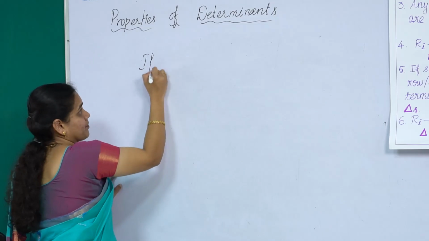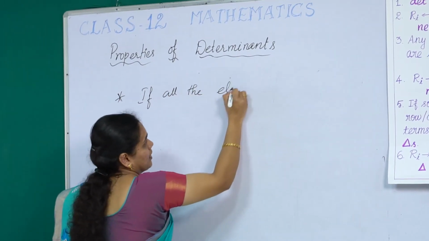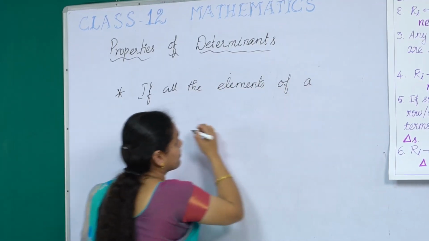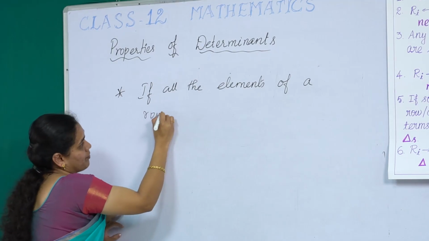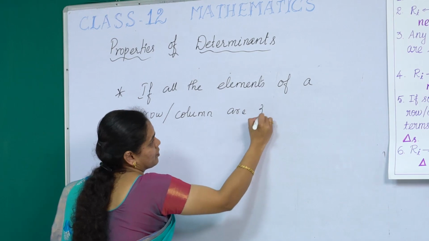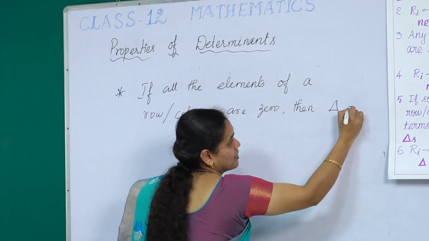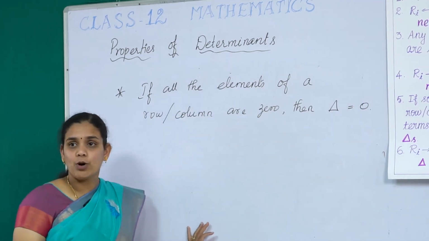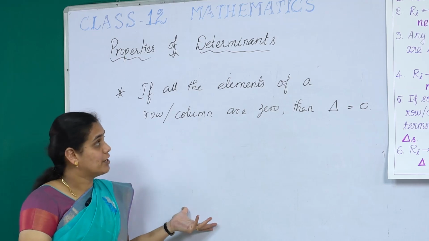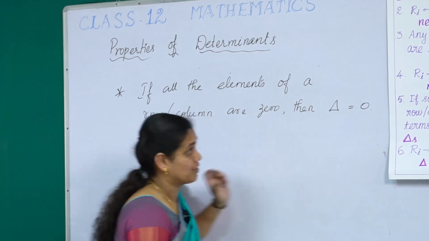If all the elements of a row or column are 0, then the determinant value is 0. It is obvious. If you evaluate the determinant, the value will be 0 only.